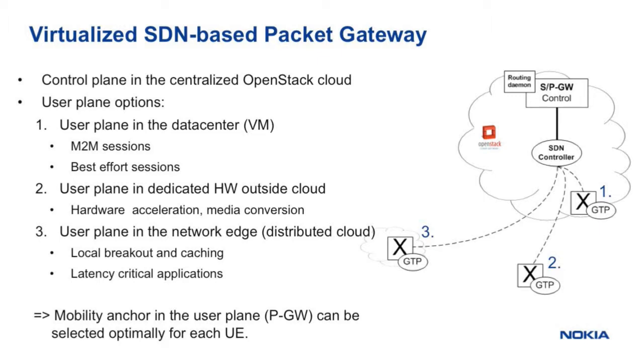Then in some cases, the user plane in dedicated hardware outside the cloud could be reasonable, for example, where hardware acceleration or media conversion is required. And then finally, the user plane in the network edge is required for latency critical applications. Here we also need computing resources in the network edge. As a conclusion, it can be said that this mobility anchor in the user plane can be selected optimally for each type of mobile equipment.